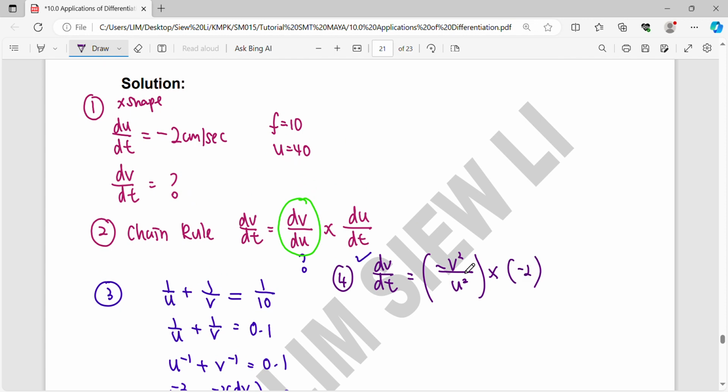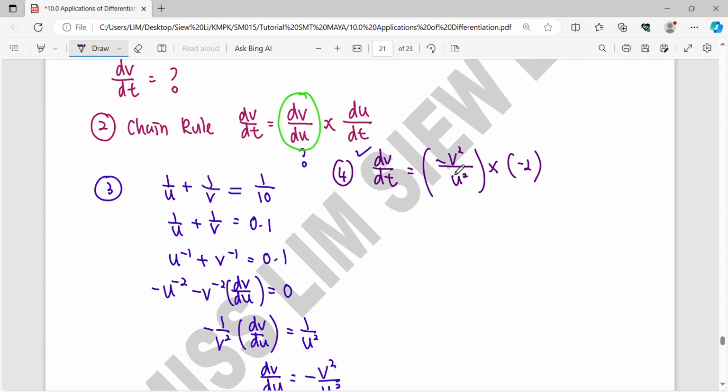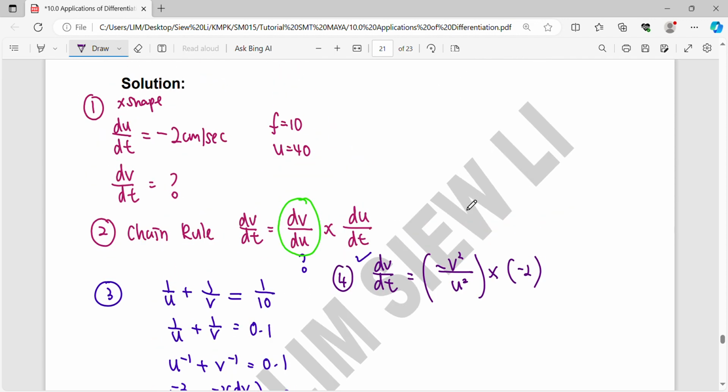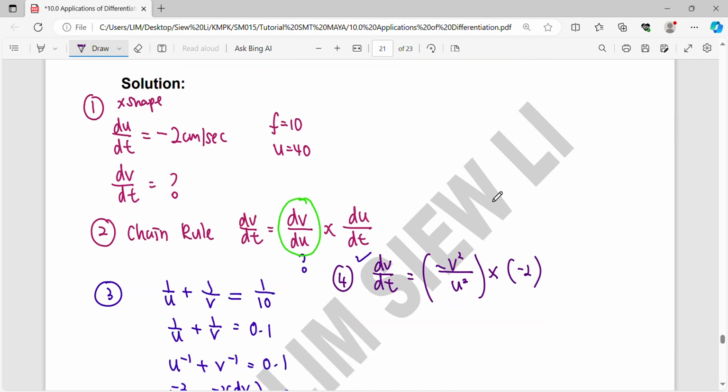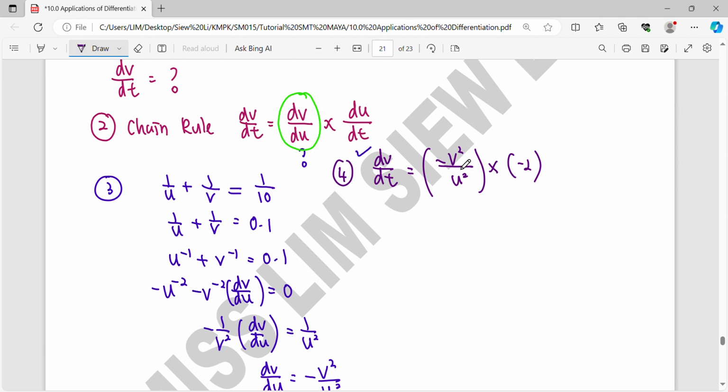And then lastly, we substitute v and u. When u is 40, what is our v? This is what we need to figure out, this unknown here.